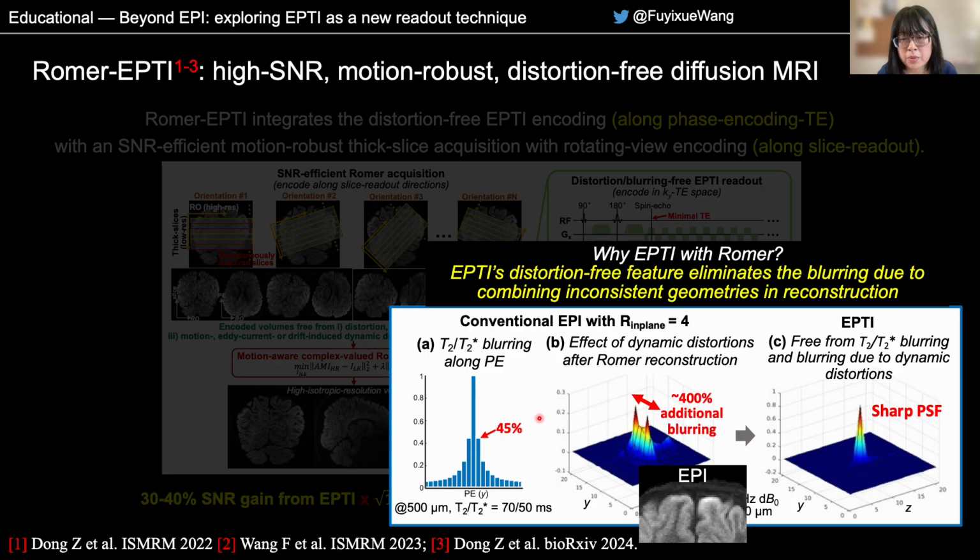EPTI is free from the T2 or T2 star blurring, but most importantly, its distortion-free feature avoids the geometric changes across the spatially encoded volumes and eliminates the sources of blurring due to combining the inconsistent geometry in reconstruction.